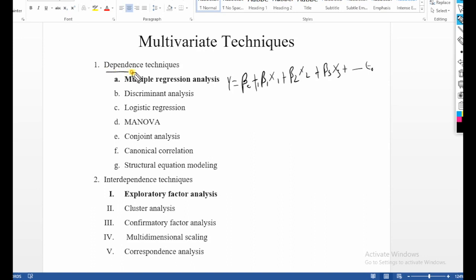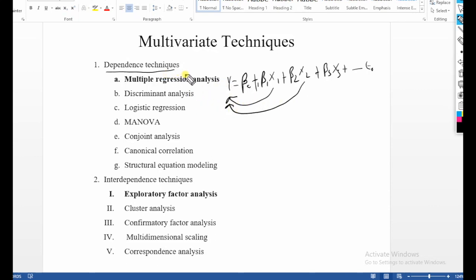In the dependence technique, we want to find the relationship between the variables: with a change in the independent variable, how much change occurs in the dependent variable, which may be positive or negative.